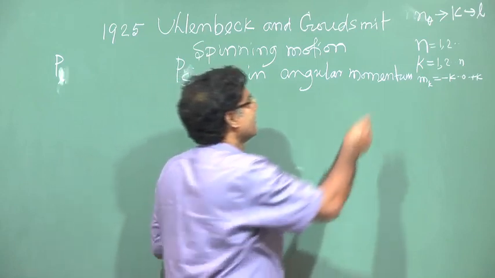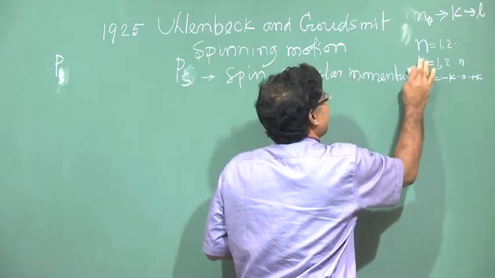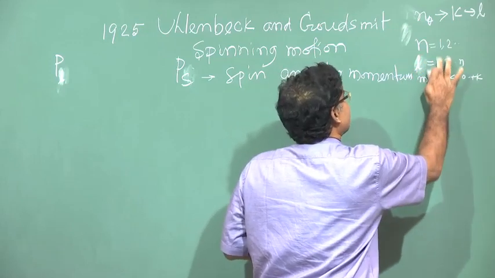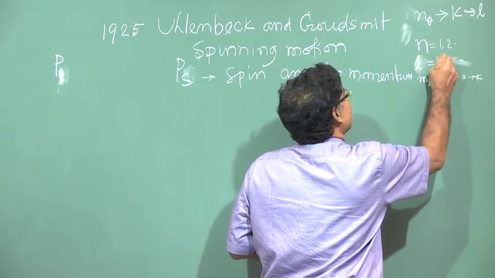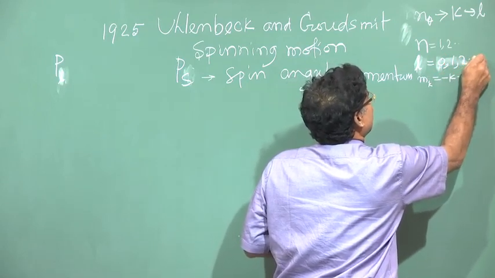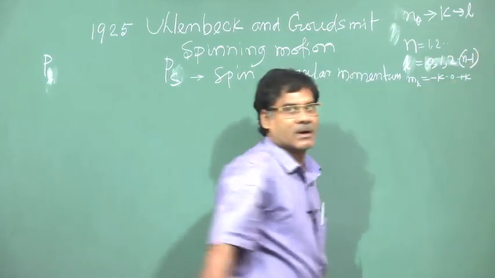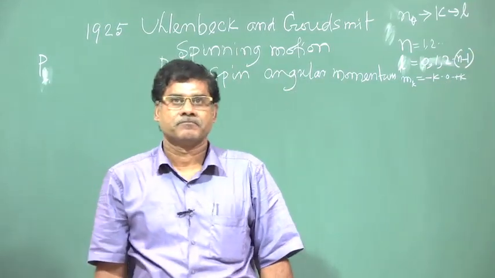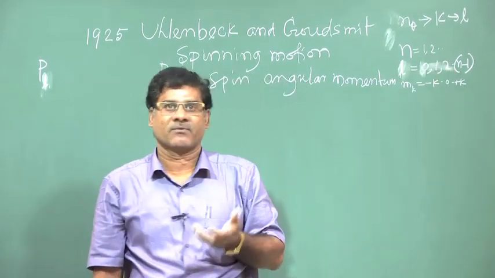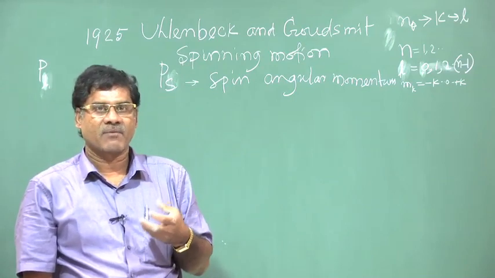The L value will start from 0, then 1, 2 up to n minus 1. So, the total number of L values is n, and the total number of K values is n.